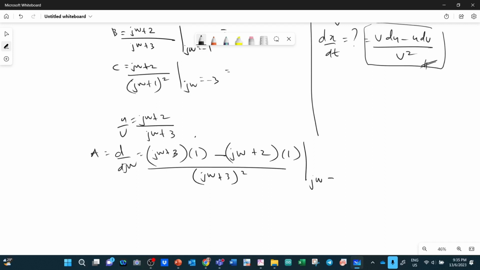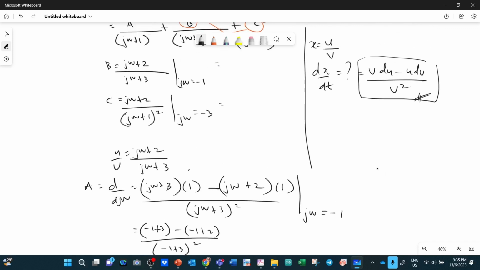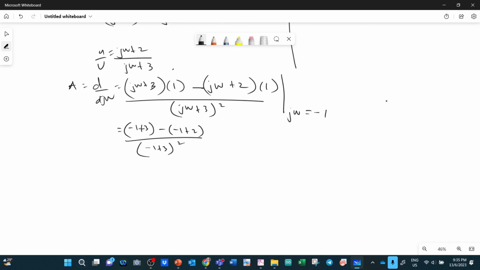And this one is for jω equal to minus 1. So just substitute the value, minus 1 plus 3, minus 1 plus 2, over minus 1 plus 3 squared. If you calculate this, you will get B value is 1 over 2. C, you will get minus 1 over 4. And A, you will get 1 over 4.